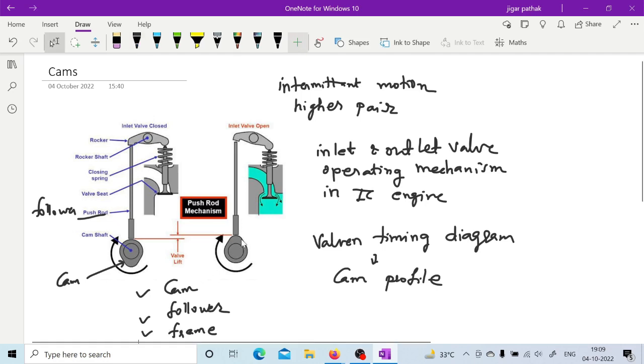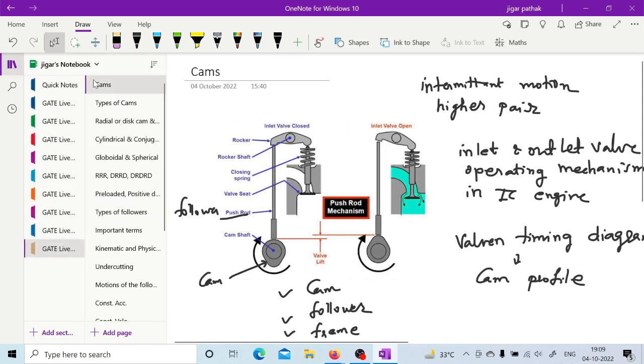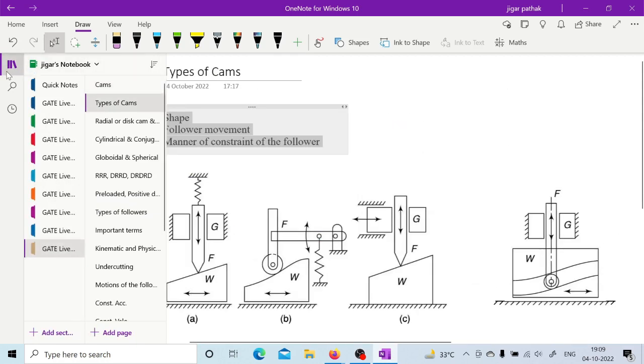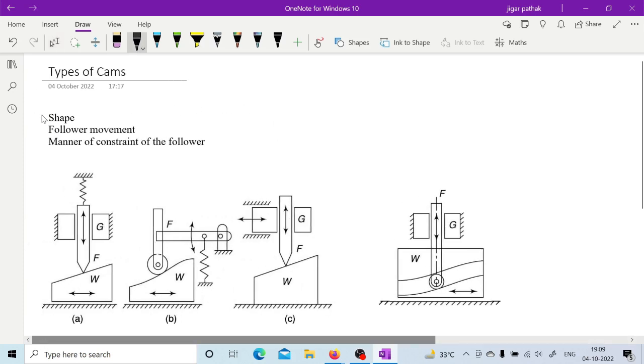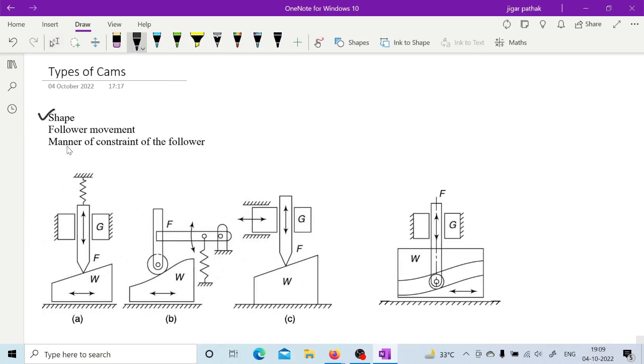There are different types of cams, and there are various ways of classifying them. As you can see here, it can be classified based on the shape of the cam, based on the follower movement, and based on the manner of constraint of the follower.